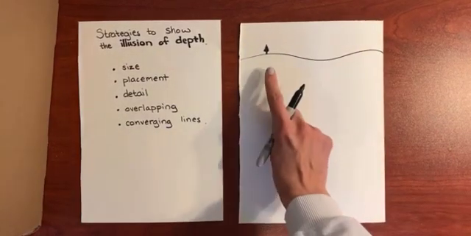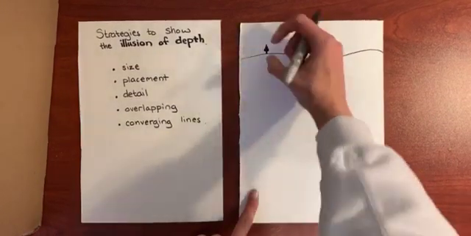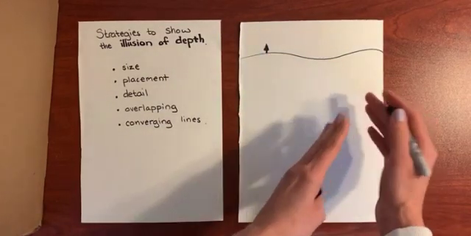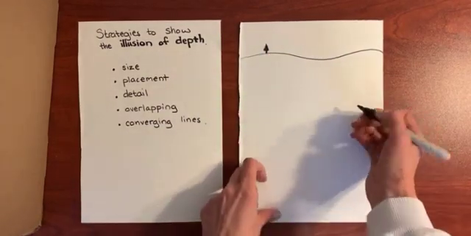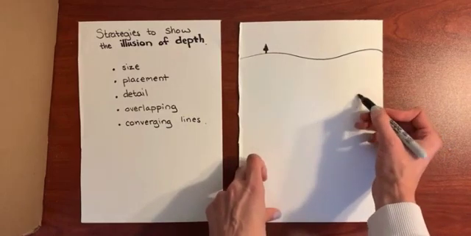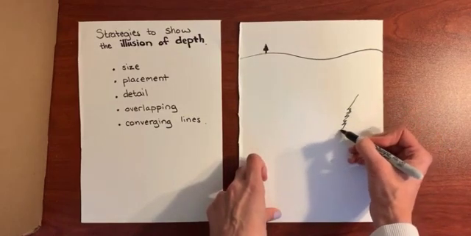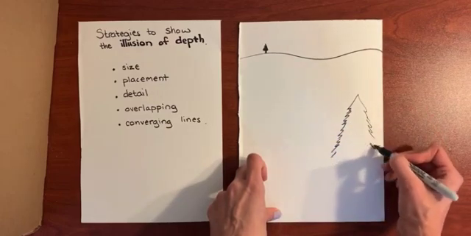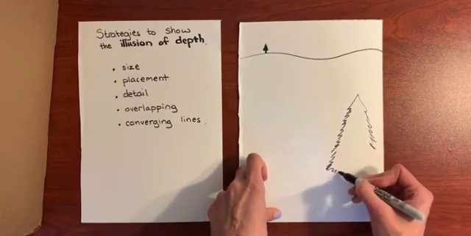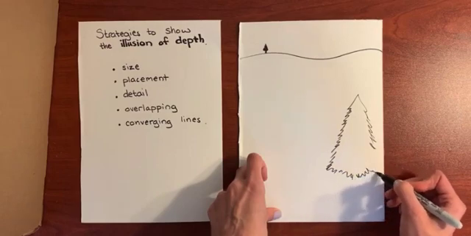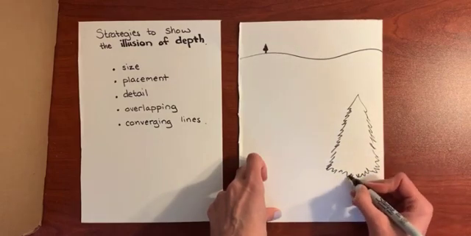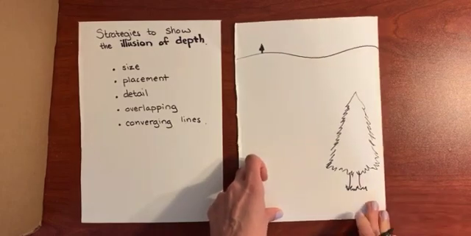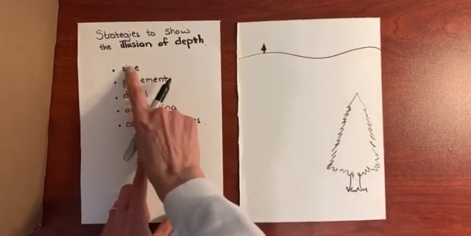Okay, so that looks like it's really far away because I made it very small. I'm also going to make a really large tree right here. And that's going to make it look like it's closer to us because it's larger. So that's our first one, that's size.